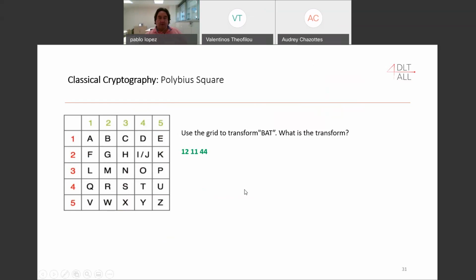Okay, it will be something like that: 1, 2, 1, 1, 4, 4. So if we send this message, 121144, we mean VAT.